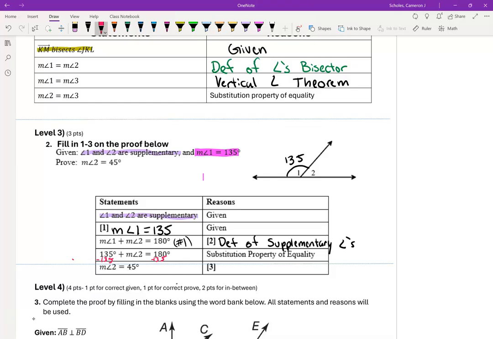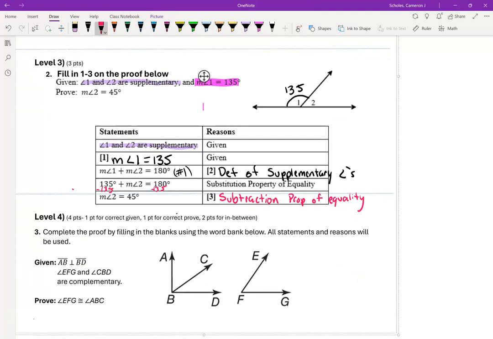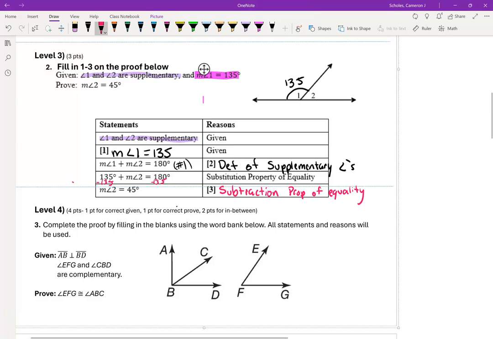So we use the subtraction property of equality, or you could just say subtraction property. I would be okay with that too. That is for level 3.